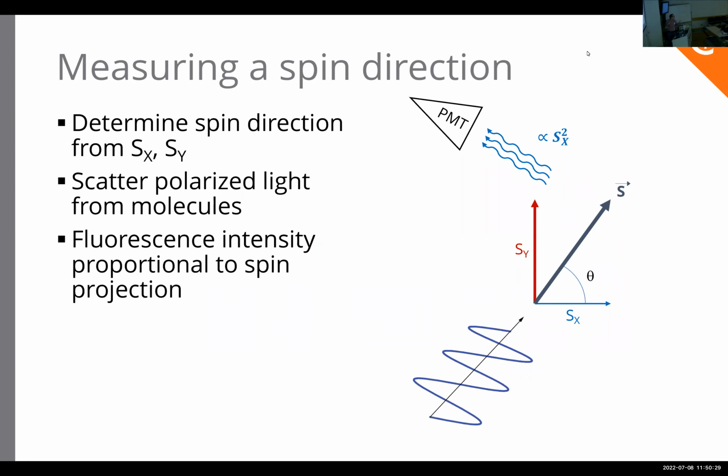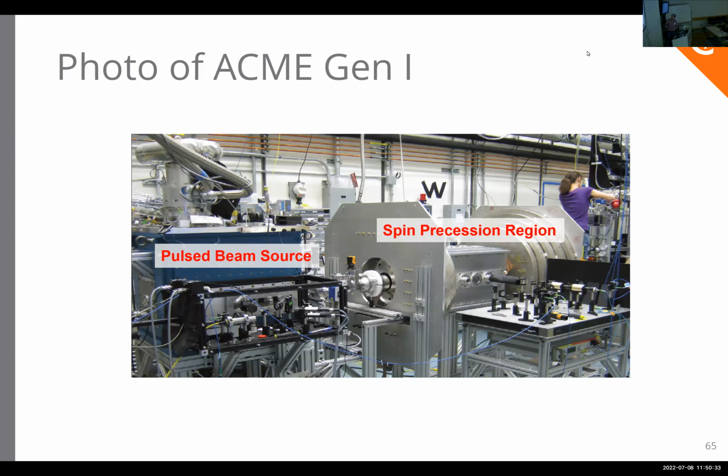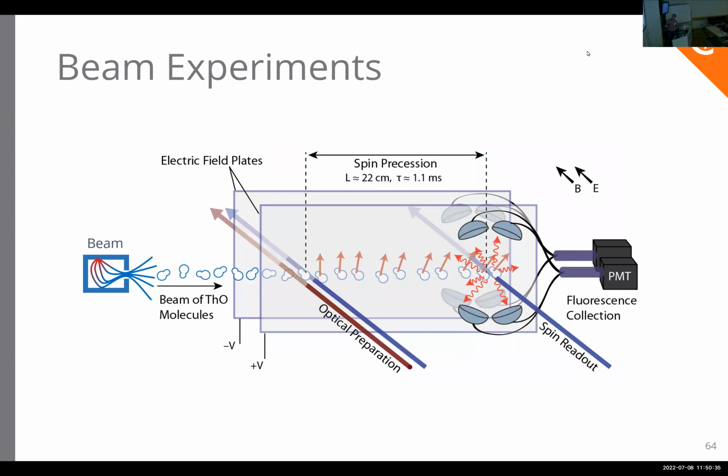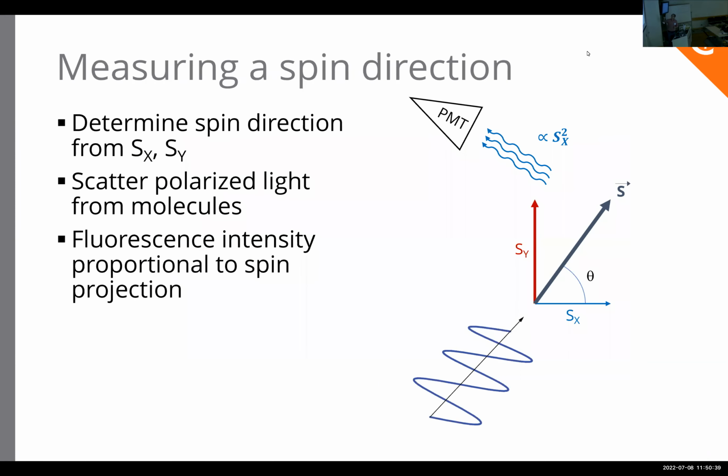So how do you measure this spin? What are you really measuring? What does your data look like for this experiment? You're shooting these molecules through these lasers, you're collecting the fluorescence, and what you want to know is, what's the direction of the spin? How much does the spin precess? So what you do is you shine polarized laser light, say X polarized, and if you collect the fluorescence, that tells you what fraction of the population is along X by looking at the intensity of the signal.